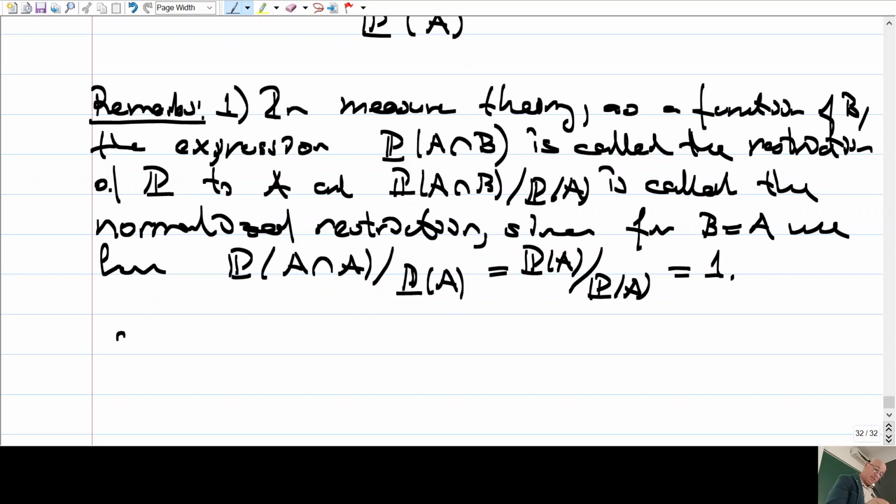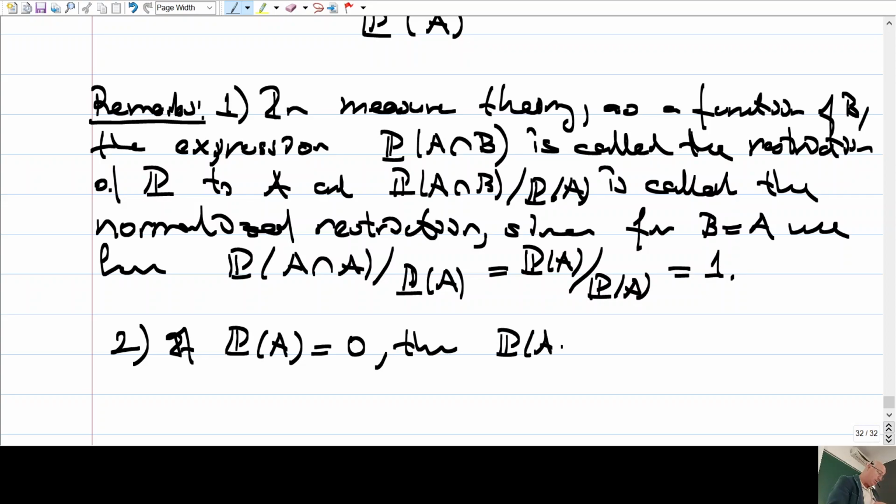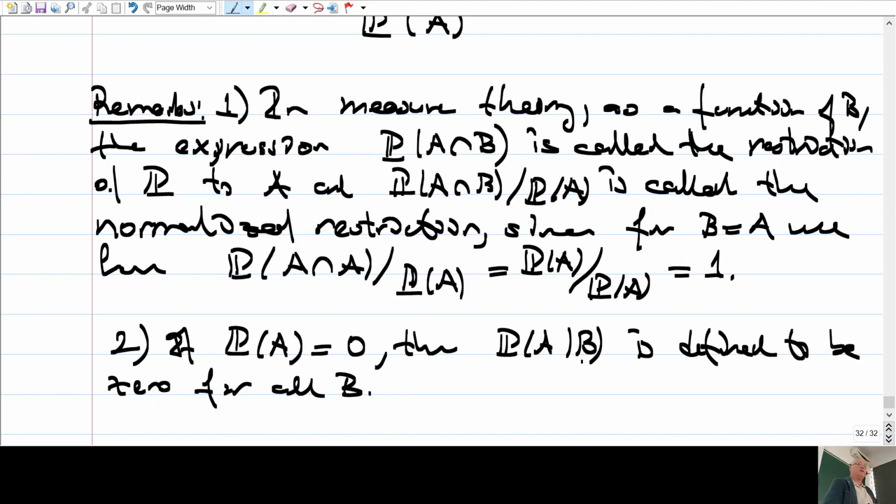All right. The second remark is this. If the measure of A is 0, then we define this to be 0 for all B. This is something reasonable. Why is that? This is the probability of B given that A has occurred.